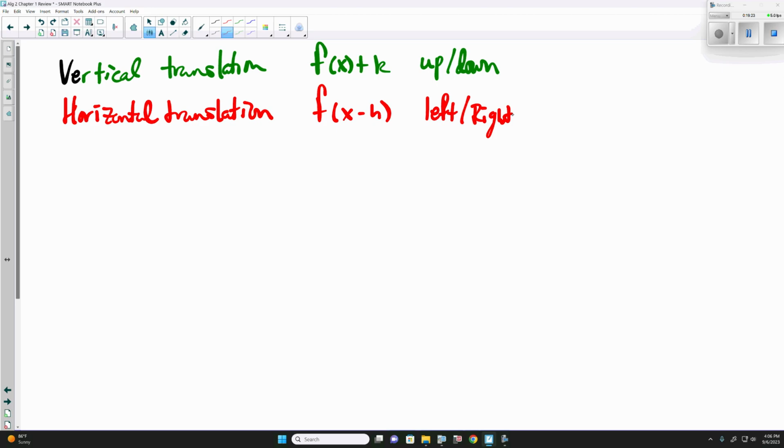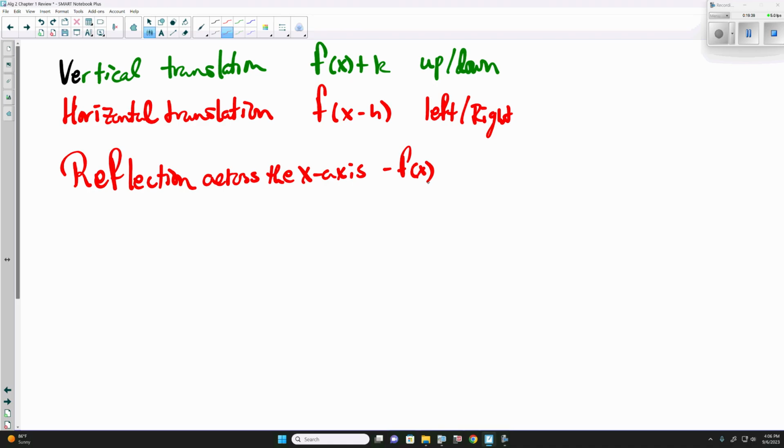Our reflection across the x-axis is our negative f of x. And our reflection across the y-axis is our f of negative x.